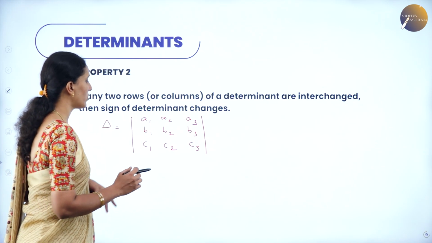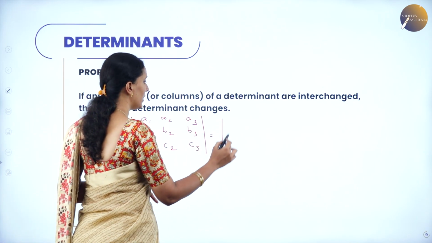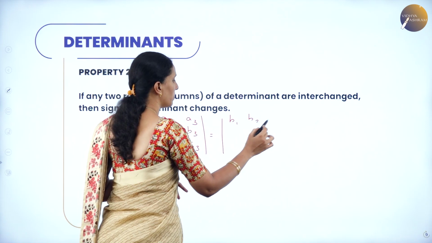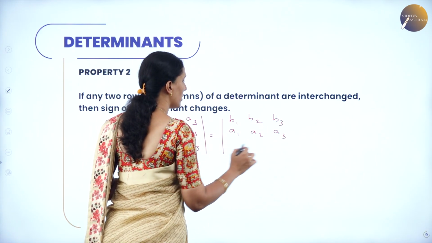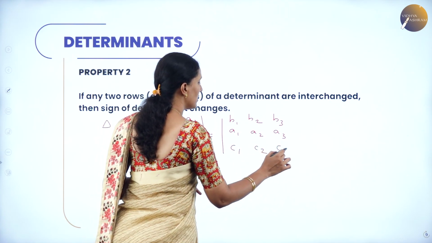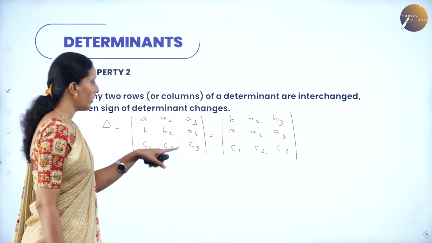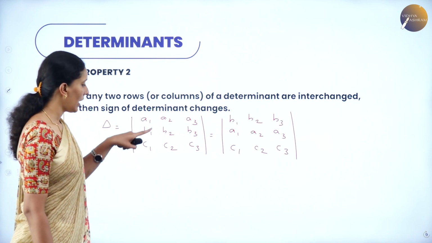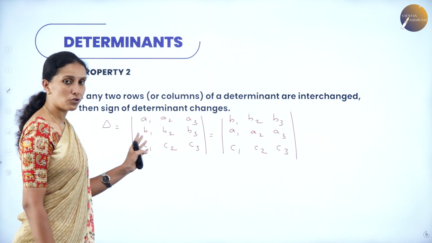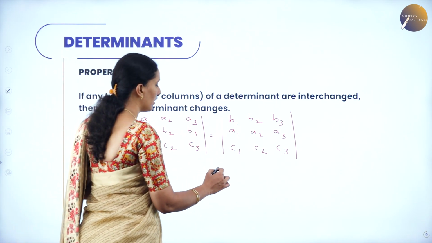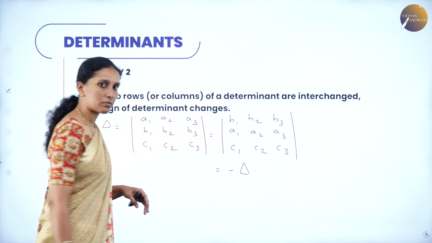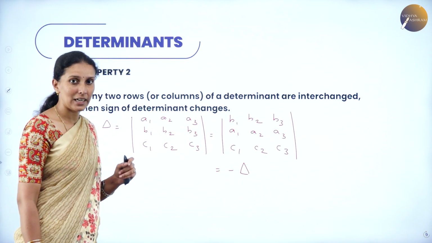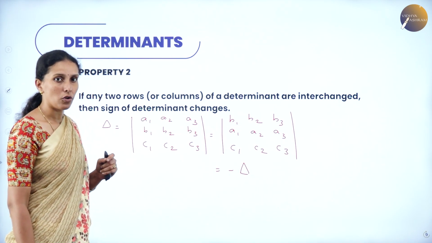Let me interchange any two rows here. Let me interchange to get B1, B2, B3, A1, A2, A3, C1, C2, C3. If you interchange any two rows or any two columns here, then the value will always be equal to minus delta.